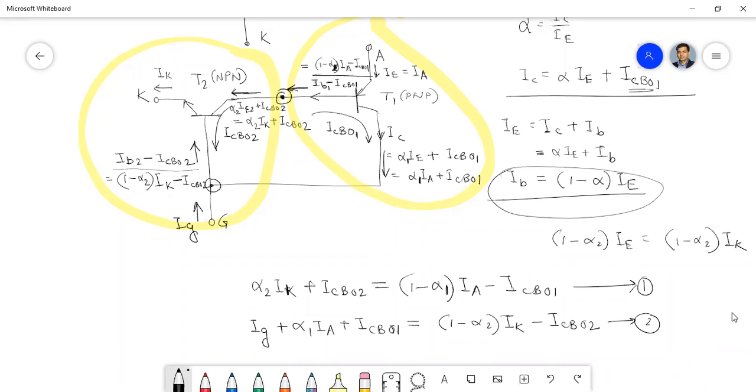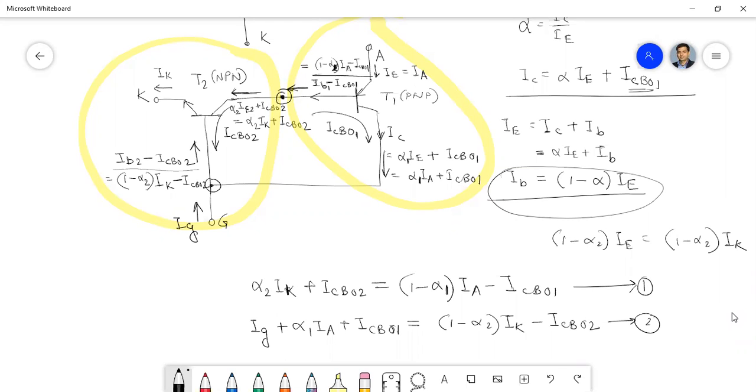The collector of this transistor is connected with transistor 1, so that is the base current of transistor 1.